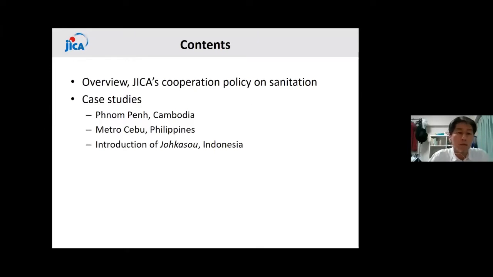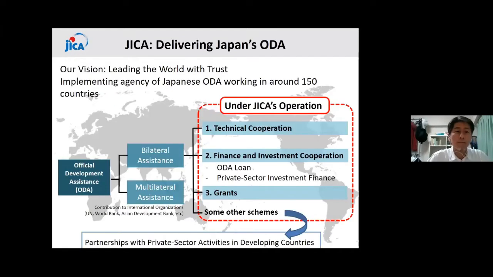So firstly, I'd like to briefly explain about what JICA is, and then introduce some case studies in Cambodia, Philippines, and Indonesia. Firstly, as some of you might already know, JICA is the implementing agency of Japanese ODA, Official Development Assistance, working in around 150 countries. In our official development assistance, there are mainly two categories.